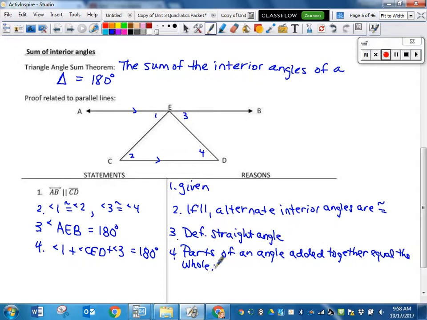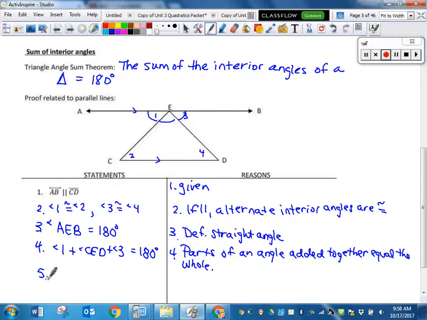In other words, angle 1 plus CED plus 3 is equal to this whole angle AEB, right, which is 180 degrees. And we're being a little bit informal here. We're just trying to get the idea of why this is the case.